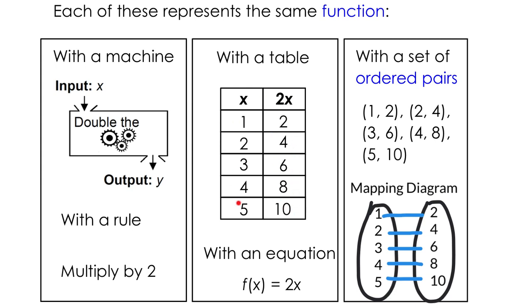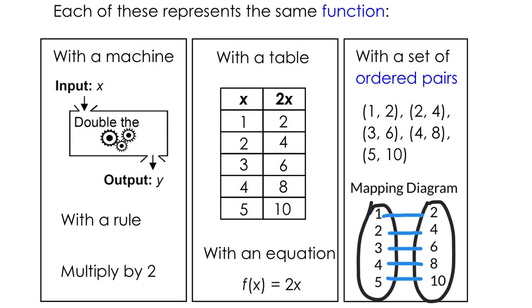We can represent that as an equation using function notation. So if the rule is that we're doubling the input, 2 times x, or 2x is the equation. We can represent this table of values as a set of ordered pairs or as a mapping diagram. All these different ways of representing functions are valid.